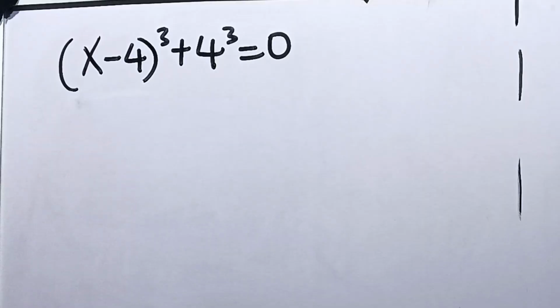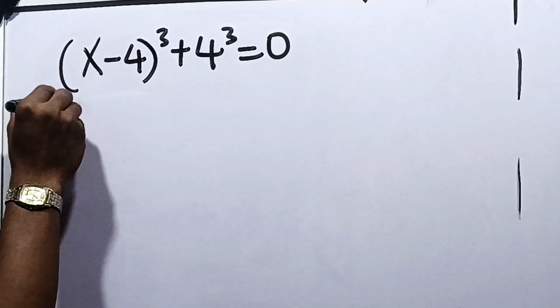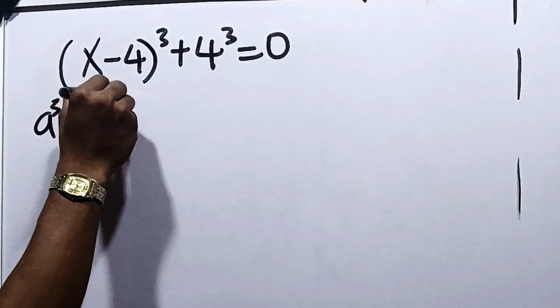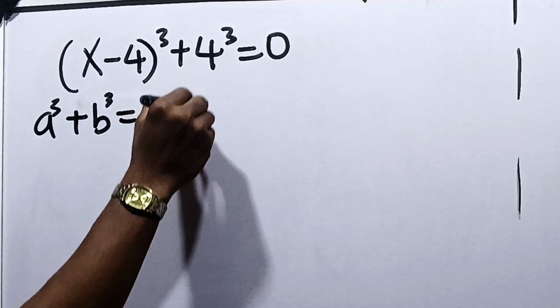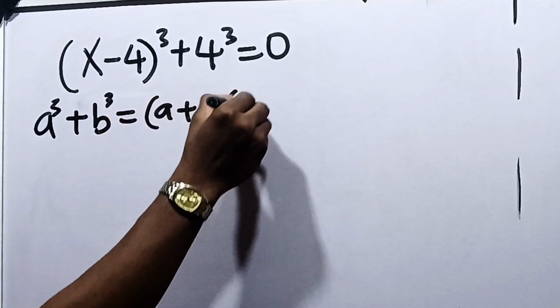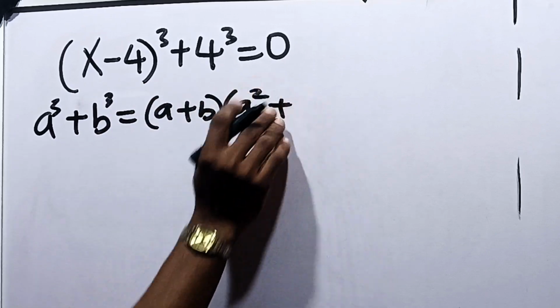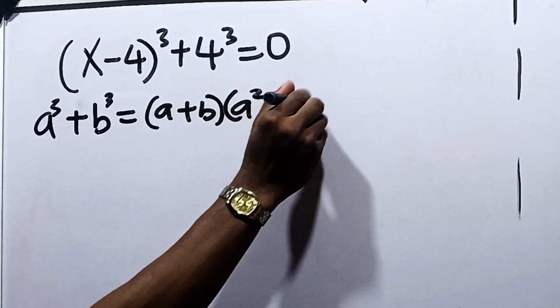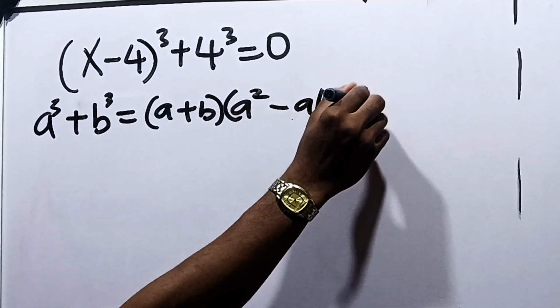Let's solve this using the sum of two cubes. The sum of two cubes states that a^3 + b^3 is equal to (a + b) multiplied by (a^2 − ab + b^2).